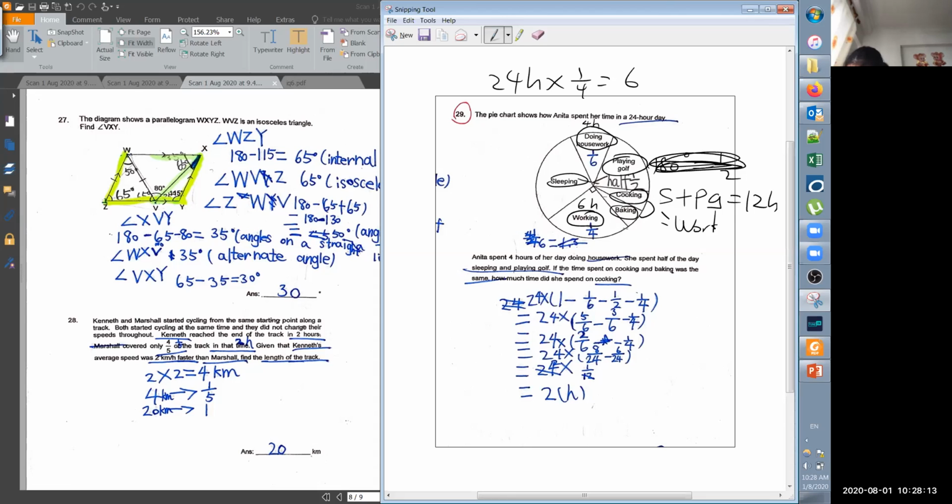Then working is 6 hours, and housework is 4 hours. So 6 plus 4 is 10, plus 12, 22. So 24 minus 22, you have 2 hours left for cooking and baking. They spend the same time, so each is 1 hour. Am I right? So what the question is asking, how much time did she spend on cooking? 1 hour. All right.